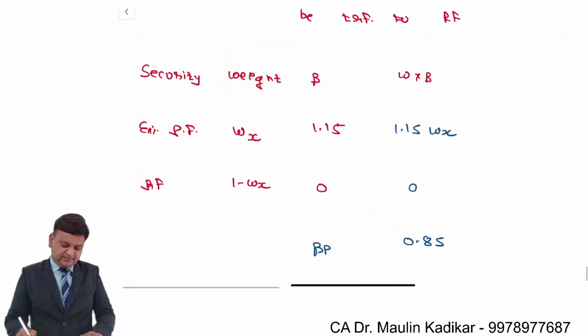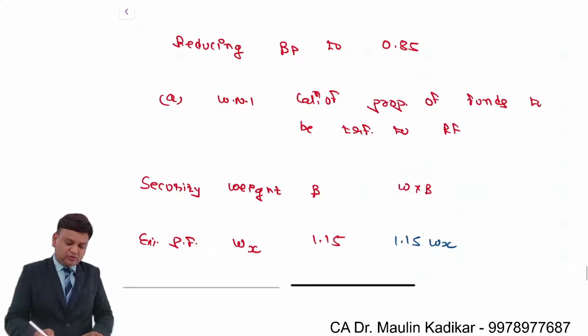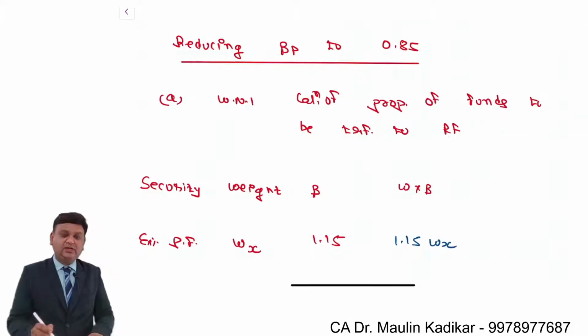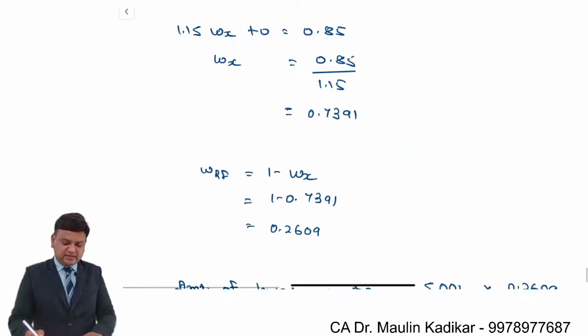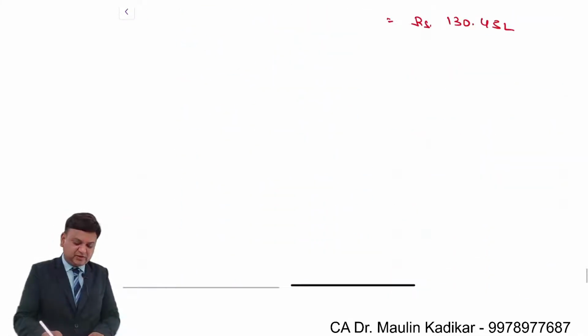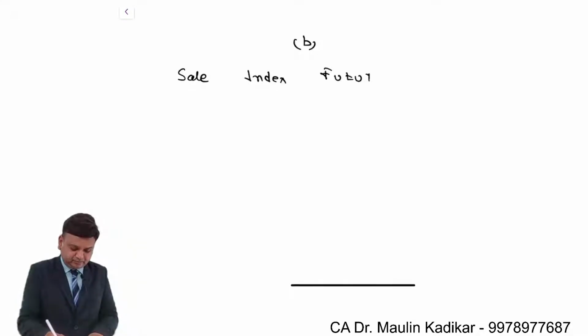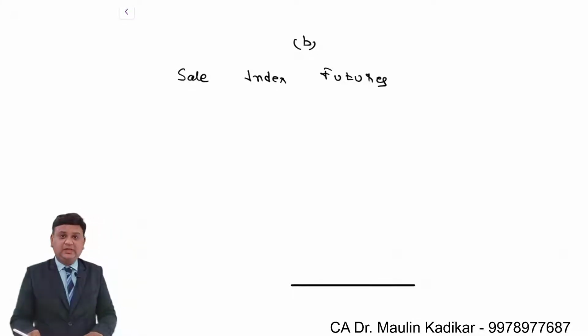Now the same thing, in order to reduce the beta of the portfolio to 0.85, there is an alternative method. And the alternative method is you enter into the transaction for sale index futures. So it is B. Sale index futures. So in that case, what will happen?